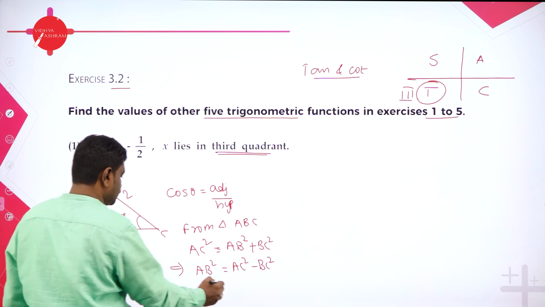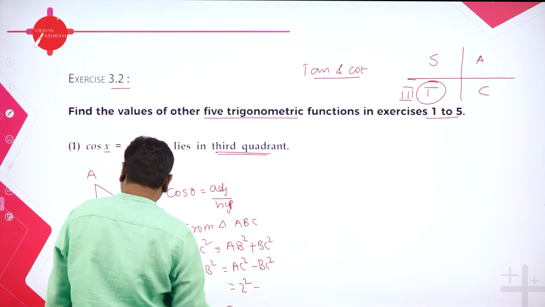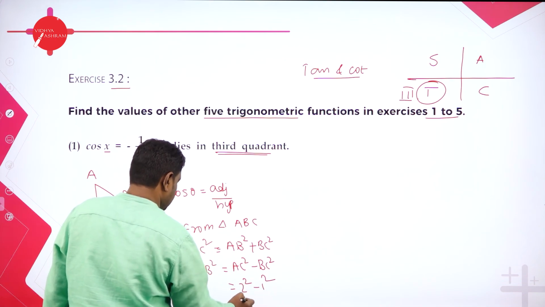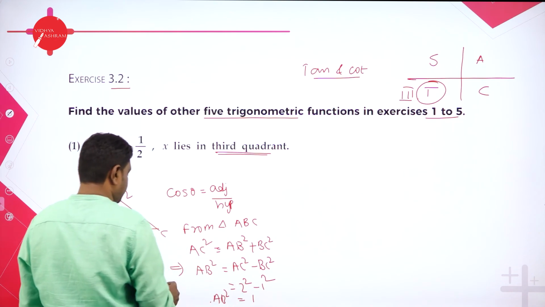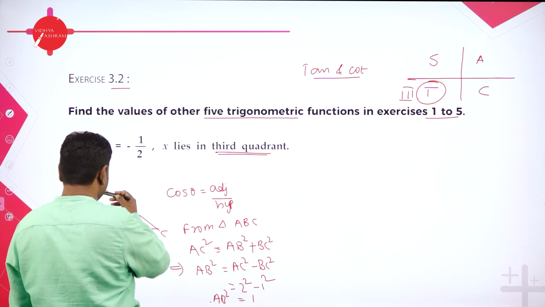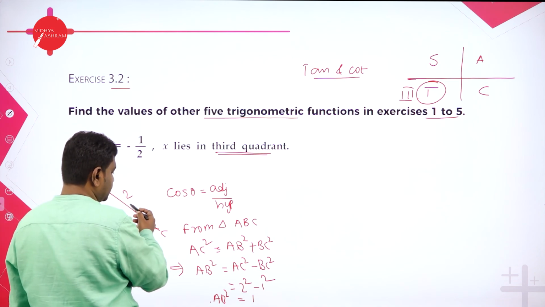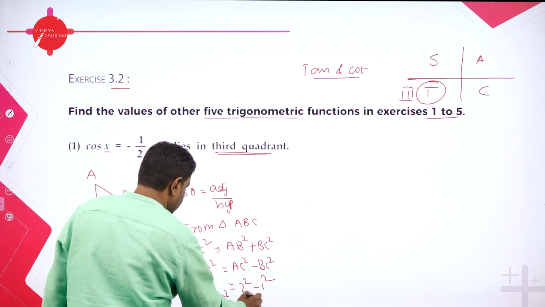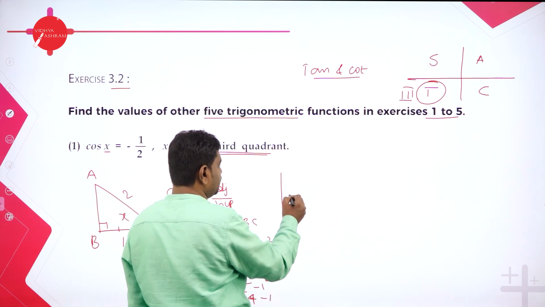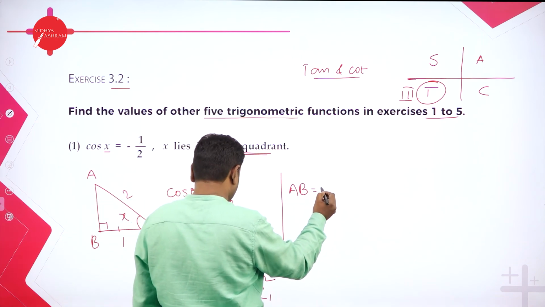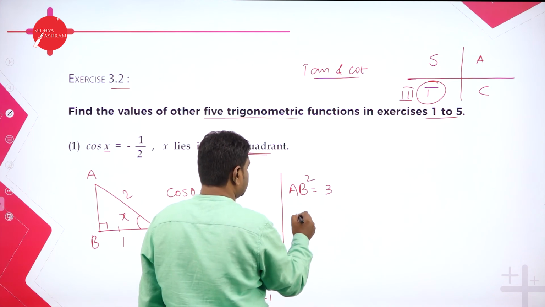What is AC? 2. 2 square minus, what is BC? 1. 1 square. So 2 square is 4 minus 1. You got AB square is 3. So what is AB? Root of AB square is root 3. AB is root 3.